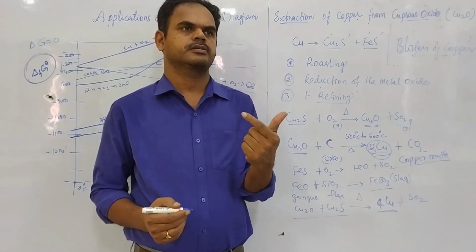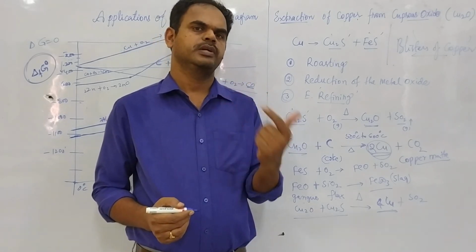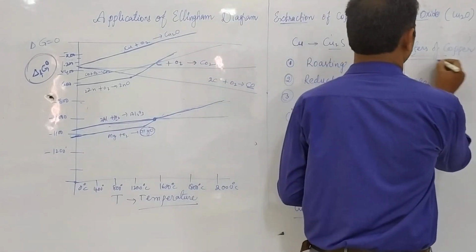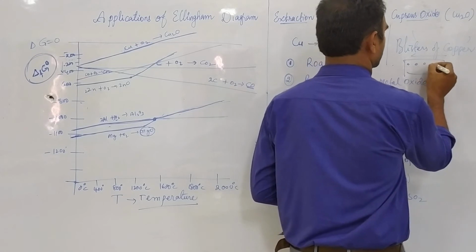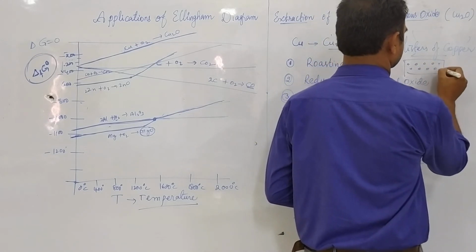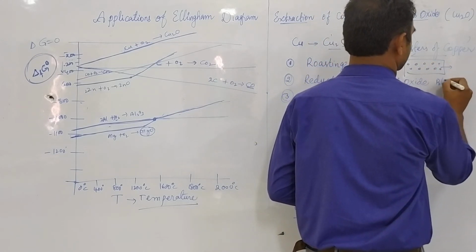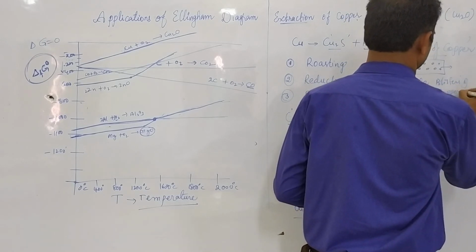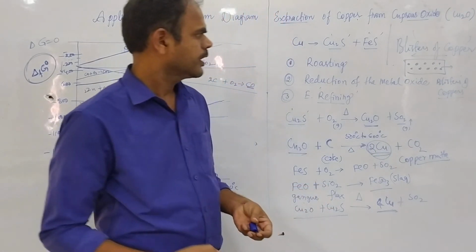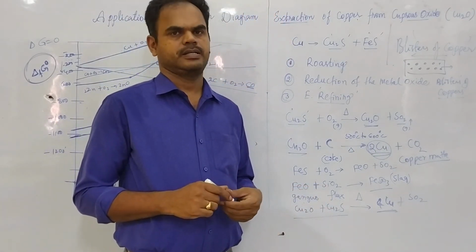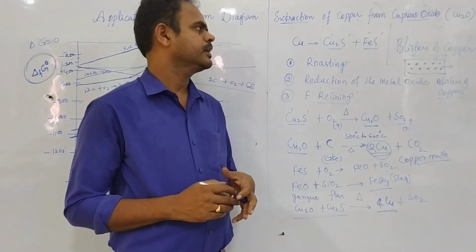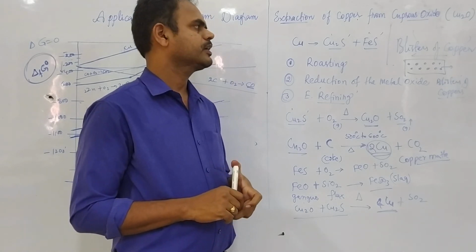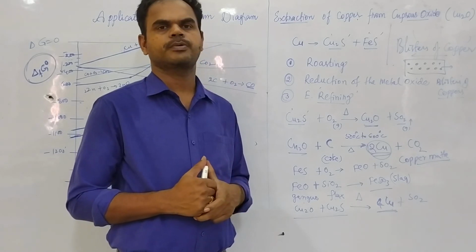That SO2 gas leaves the molten copper while cooling, so on the surface of the copper we get holes, leftover marks. That is what we call blisters of copper.